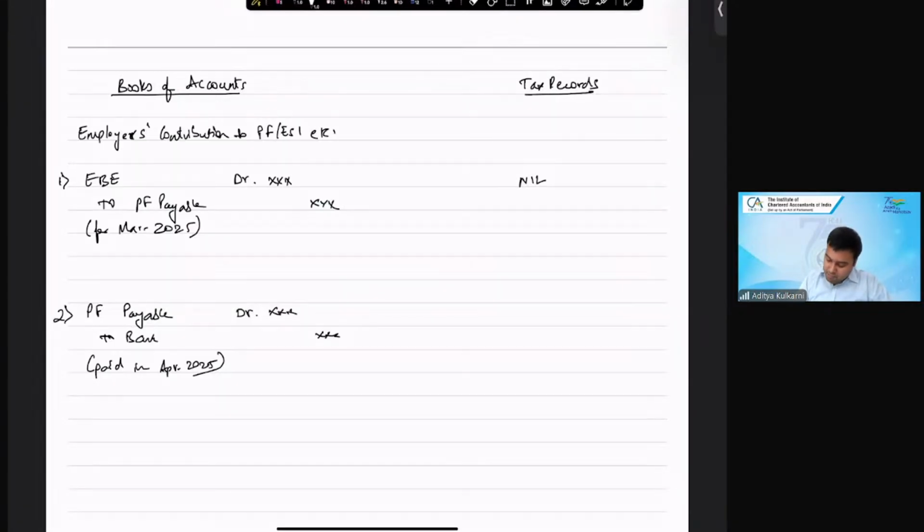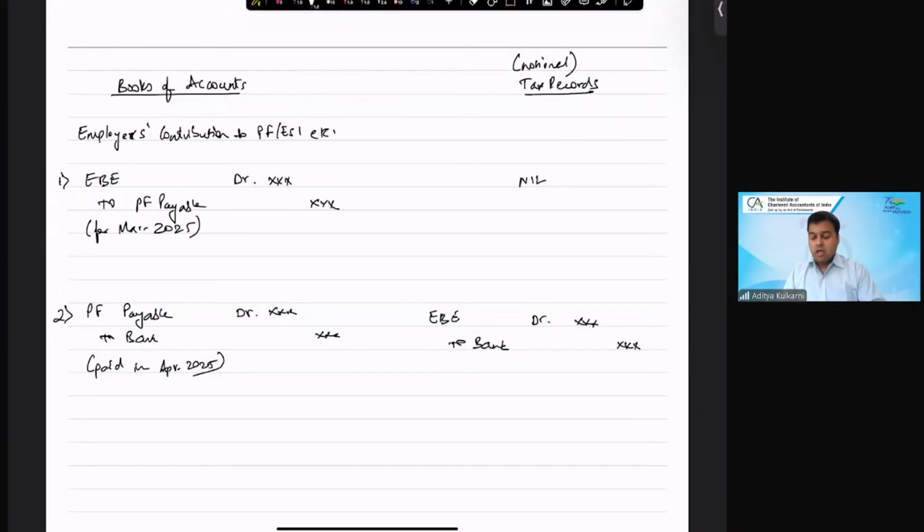But when it is paid, the tax department would pass the entry EBE account debit to bank. Do you agree to this? Yes, sir. See, this is notional. I'm trying to help you understand the tax base of a liability. This is notional. You will never prepare books for the tax department separately.